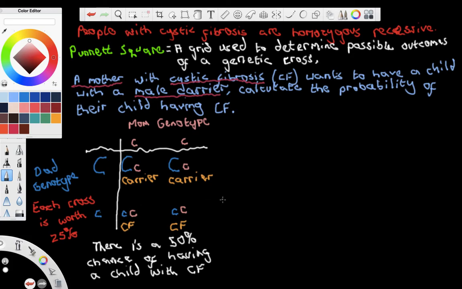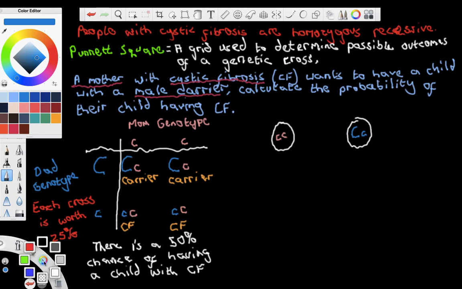We can also show this using a genetic diagram, and these are a bit more messy. With a genetic diagram, however, it's worth mentioning purely because you may see it in your exam. With a genetic diagram, they will use lots of circles, okay? So the mom's genotype will be given in one circle, and the dad's genotype will be given in another. So mom is homozygous recessive, dad is a carrier, so he has a heterozygous genotype.